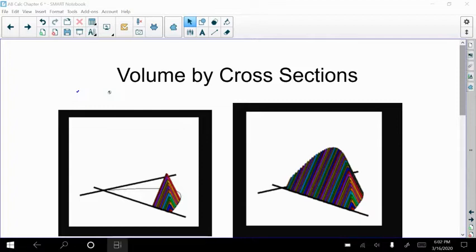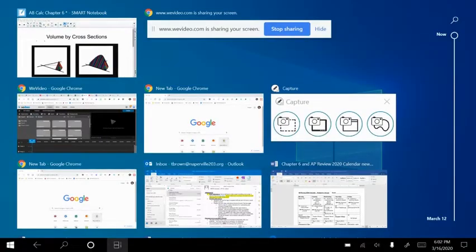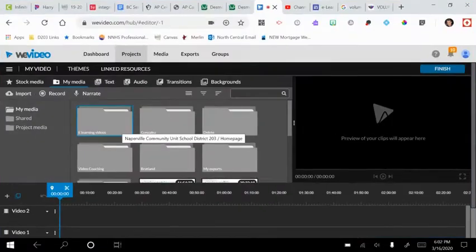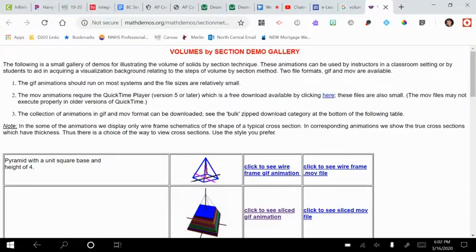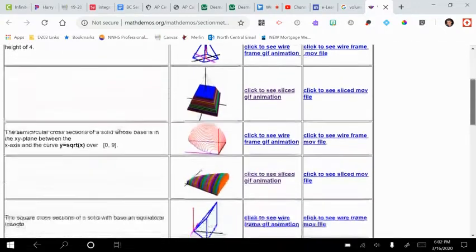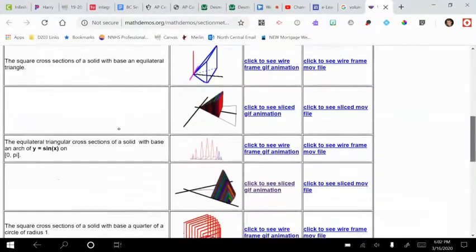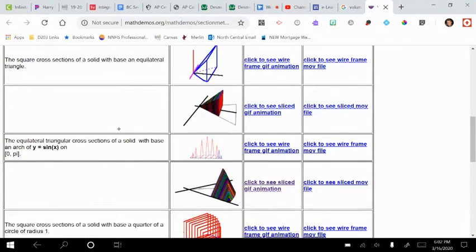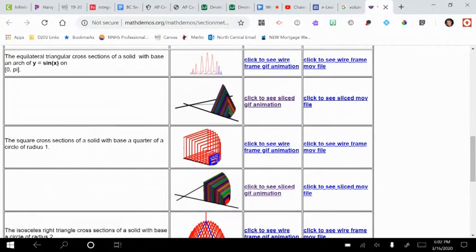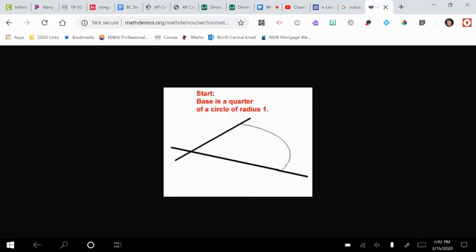Now, it's a lot more impressive too when you can watch it and see it actually in animation. So before we even take notes, I think it's pretty cool just to look here, and maybe we can even watch one of these. Maybe watch this one. It's pretty cool. And again, you're starting with some shape, and they're going to tell you.